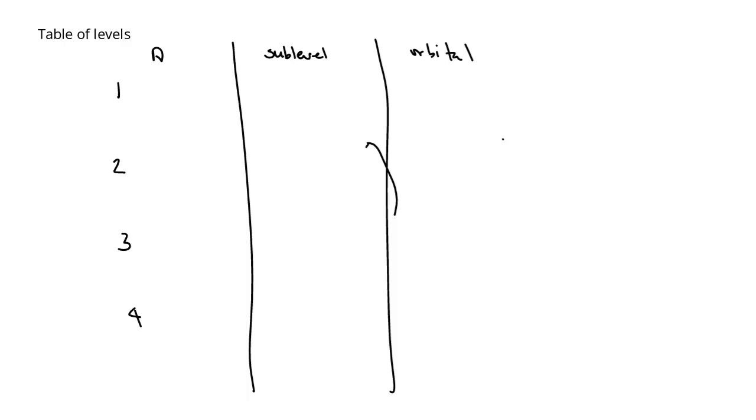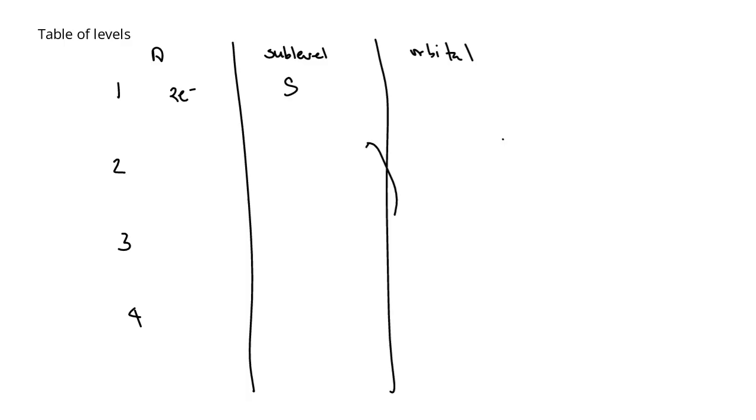I'm only going to do it for the first 4 just to keep it simple. So if N equals 1, how many electrons can I put there? How many did I say? 2. The sublevel, we always start with the S. So we're going to have an S sublevel there.